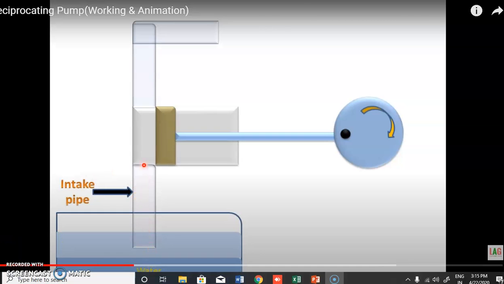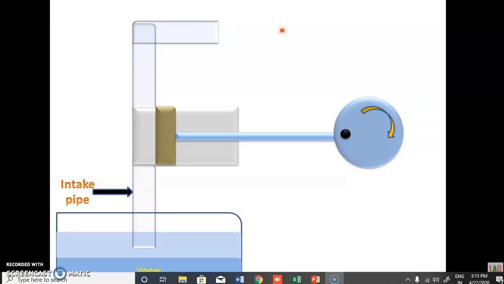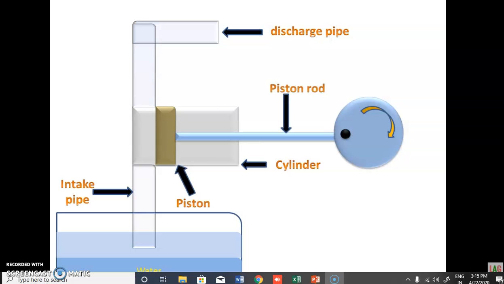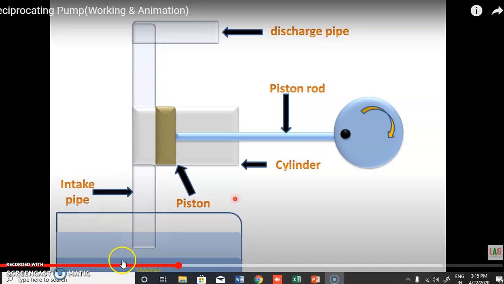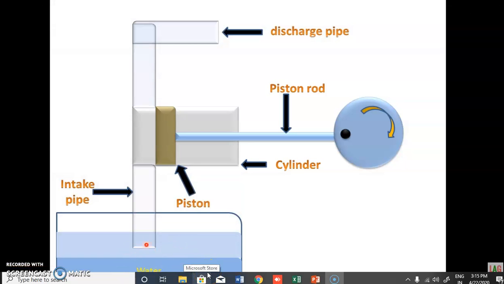See over here, through the intake pipe, and that is our delivery pipe, cylinder, piston, piston rod, this is the sump from which we need to carry the water to wherever it is required, crankshaft, crank, and this piston basically has the reciprocating motion.